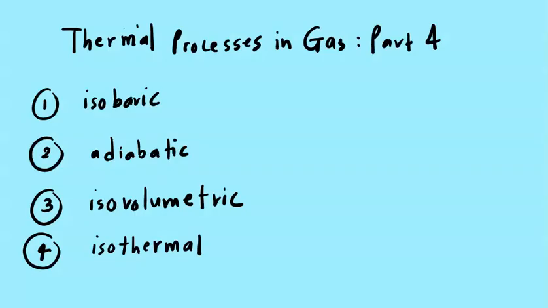The one that we talked about just now, where we assumed the pressure to be constant, is called isobaric. And there are 3 other thermal processes in gas, which are adiabatic, isovolumetric, and isothermal. Isobaric means, as I already told you, constant pressure.